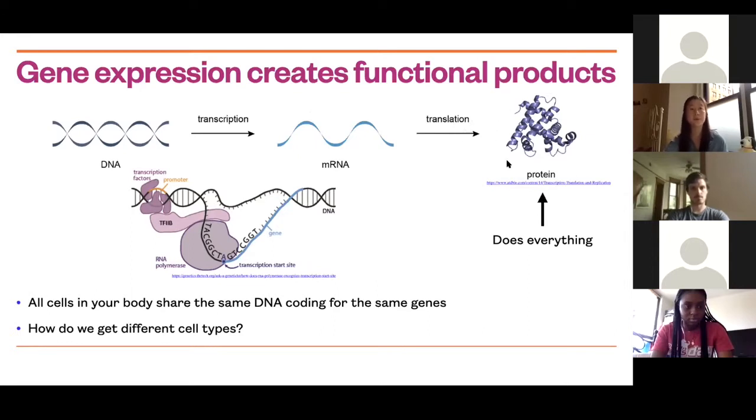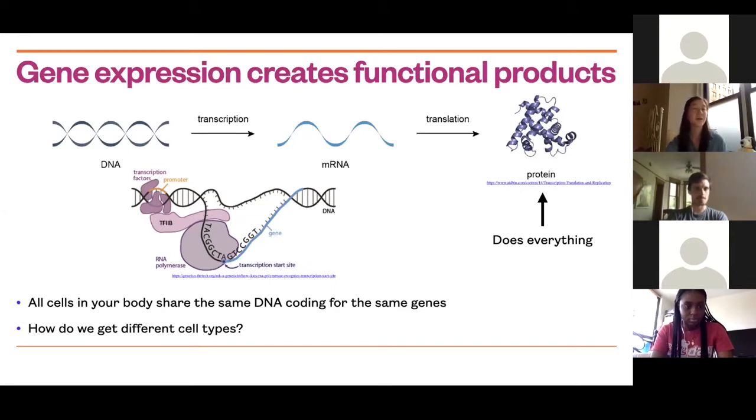And the protein is the actual functional unit that does everything in the cell. So is this familiar to everyone, or was that too fast? Okay, the chat looks pretty empty, so I'm assuming that everyone is pretty familiar with this, hopefully.